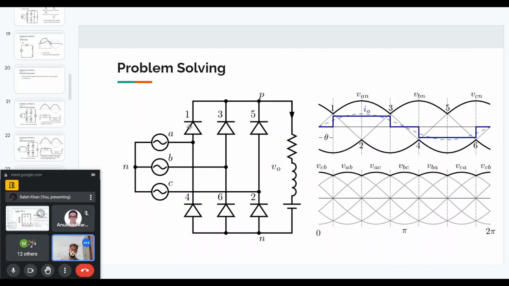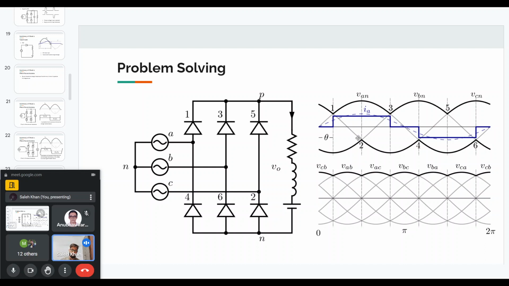Whichever of these has the highest anode voltage will conduct. Since diode 1 is connected to VAN, whenever VAN is the highest among these three voltages, at that point diode 1 will conduct. That happens at this point, so at an angle of theta, diode 1 becomes forward biased.